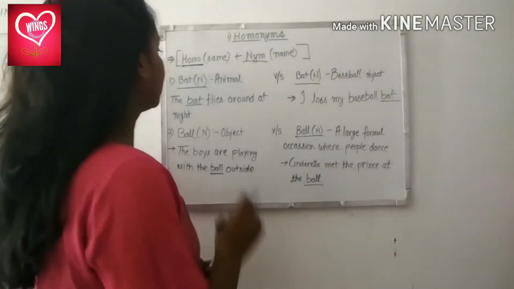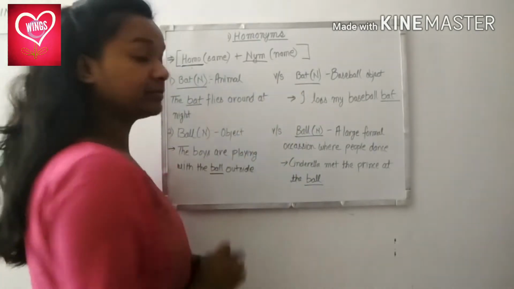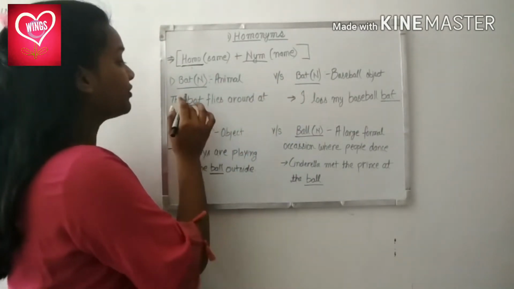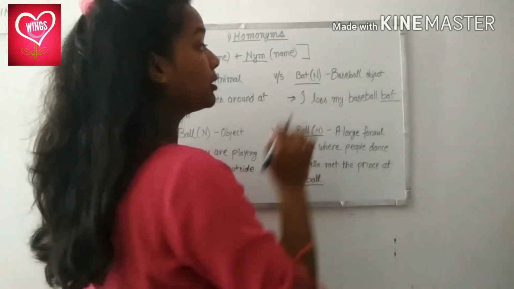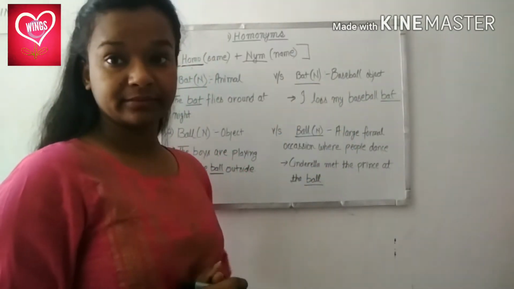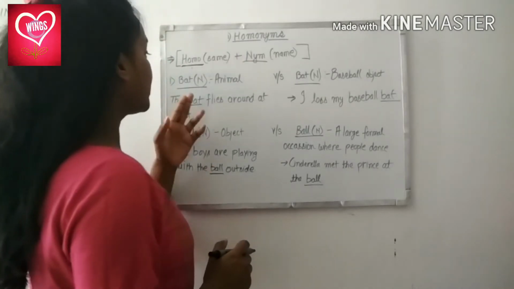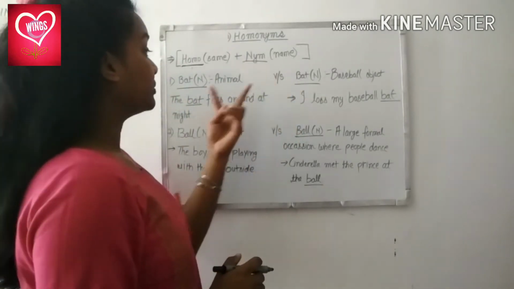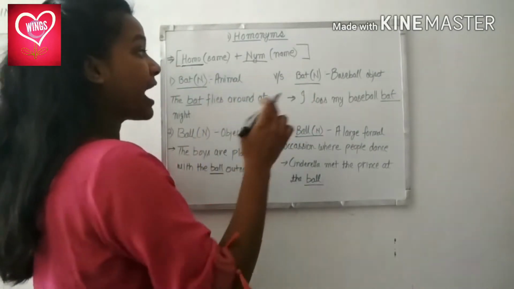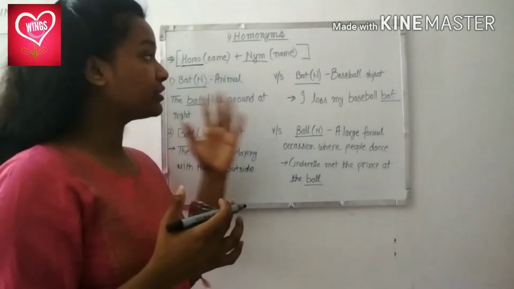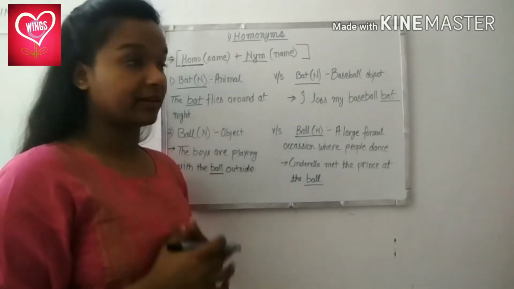For example, bat and bat. The first bat means an animal and the second bat is a baseball object. The first bat and the second bat both have different meanings, but the spelling and pronunciation of these 2 words are similar.